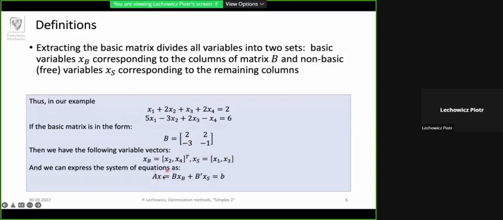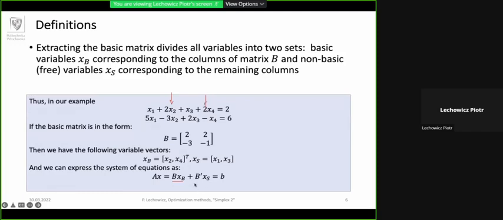So normally we have such a system of equations: Ax equals b. So this is our coefficient matrix, and which forms equality constraints, and we can divide it into basic and non-basic variables. So basic variables we have to multiply by the basic matrix. So in this part of the equation, we obtain those 2 columns.